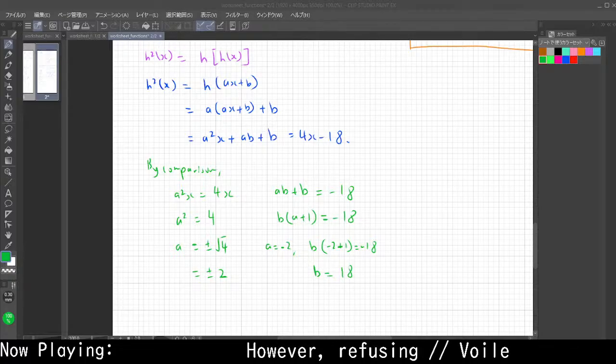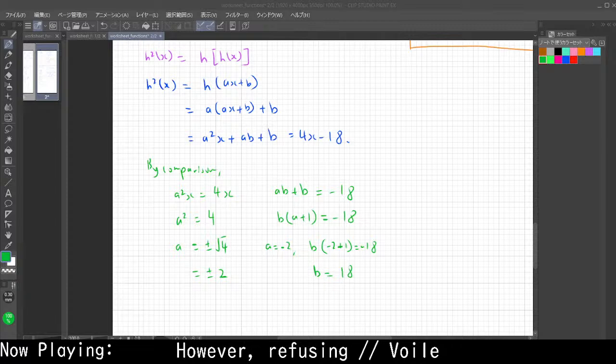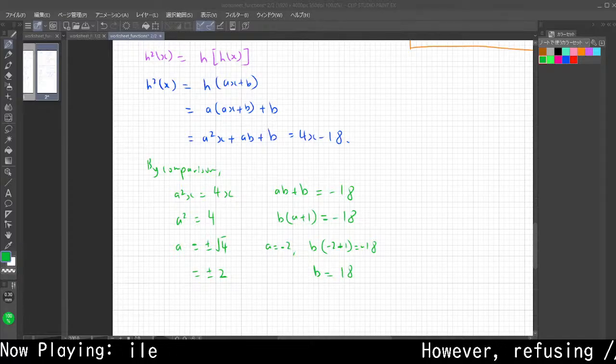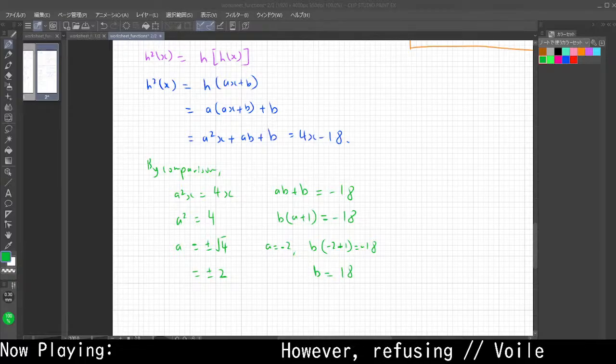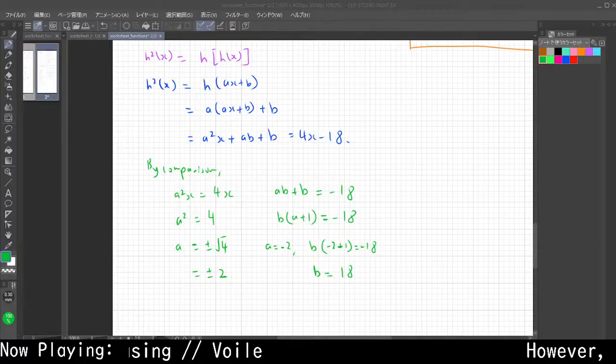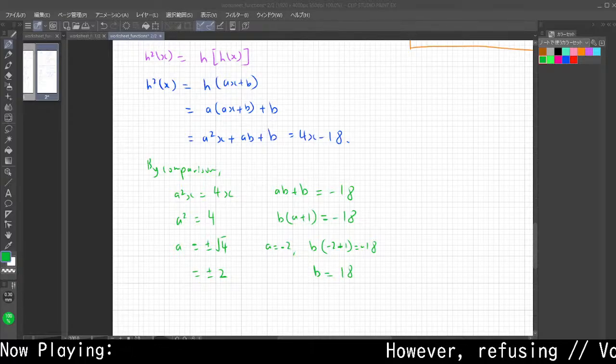Test, one, two. Okay, this should be better. I wonder why I sometimes see my side, sometimes not.